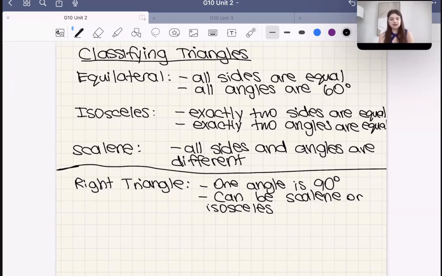So isosceles and scalene might also be a right triangle. Equilateral cannot ever be a right triangle. All equilateral triangles are not right. Okay, so that's our characterization here. Let's go ahead and move on to the next one.